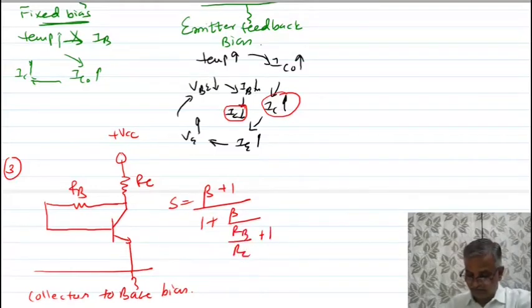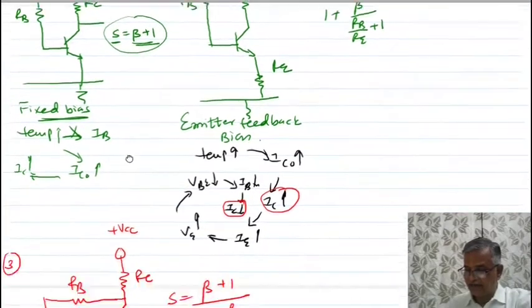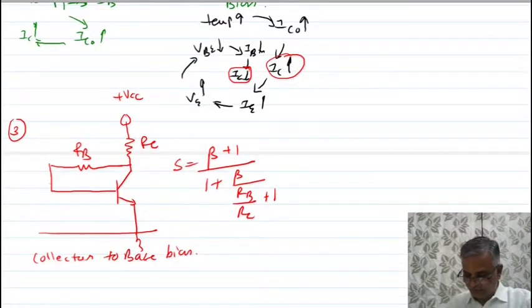In the previous one I wrote RB by RE. So here you are giving the DC voltage from collector to base. Bias means you give some voltage to the base.